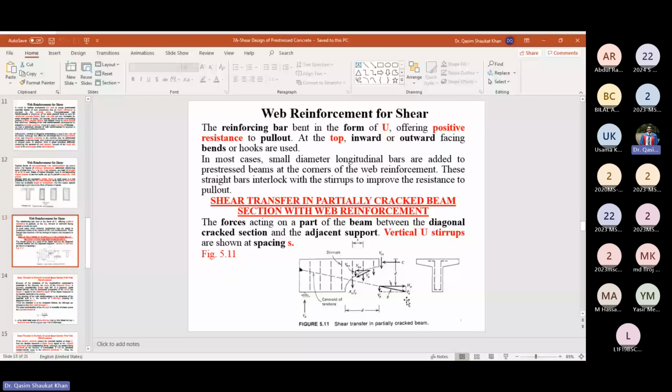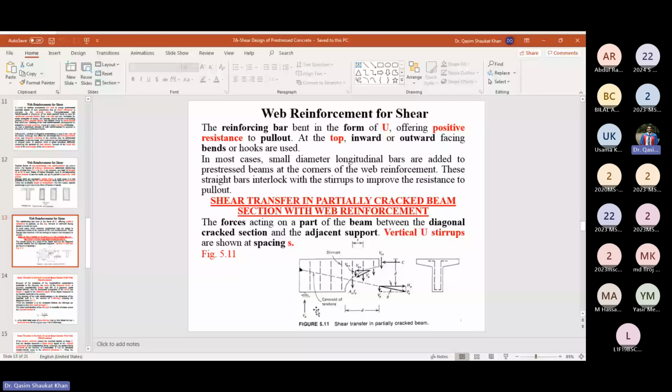We find the component of the effective pre-stress which is taking part in resisting the shear. So let's start. If preferably you can make this figure, it will be much easier for you and much easier for us to explain and discuss.